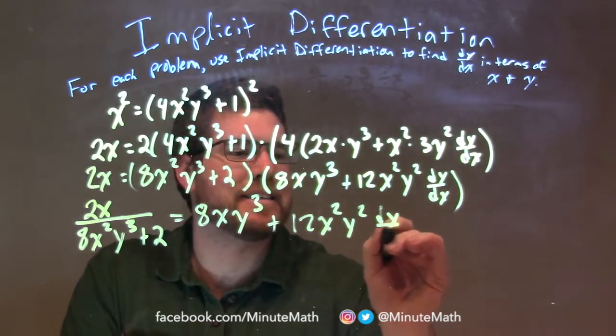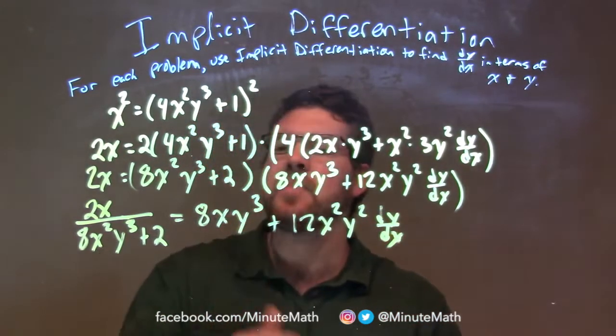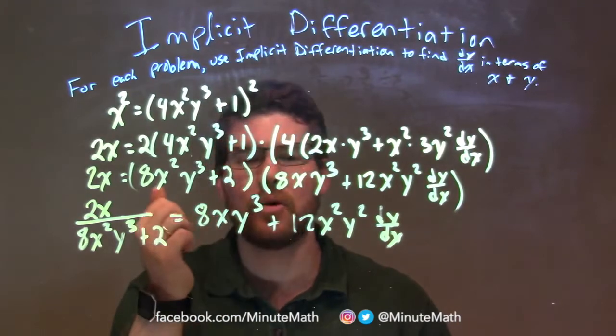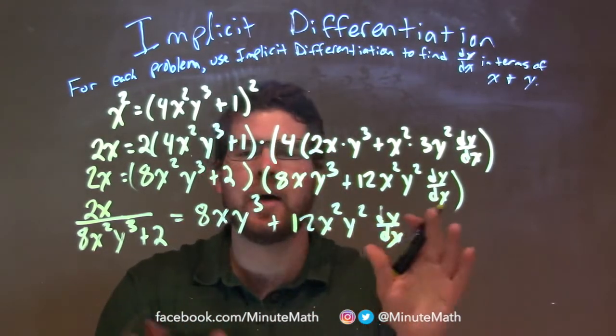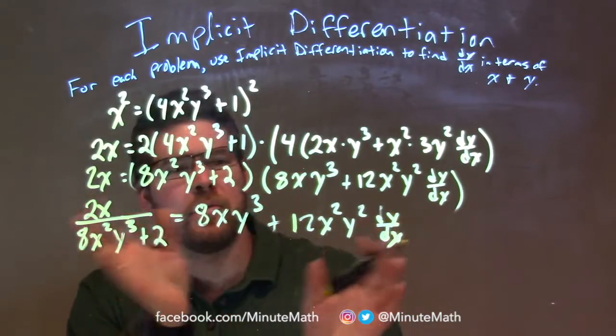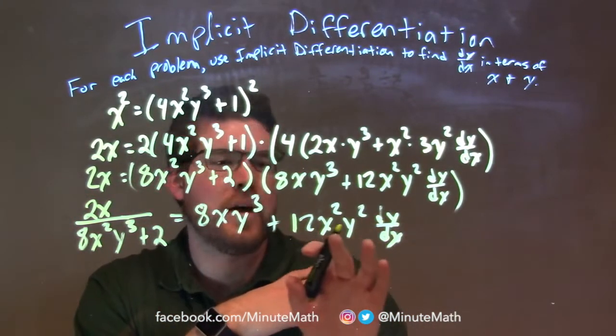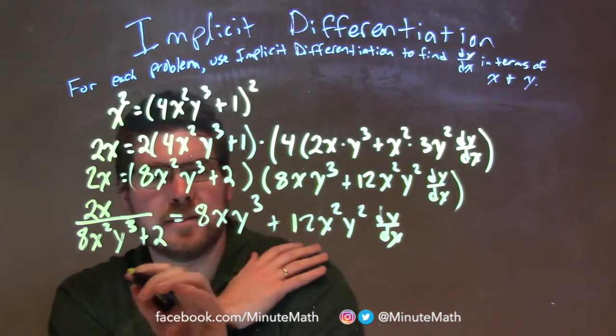Okay, I now can subtract this 8x y to the third from both sides, giving me this here by itself. And when I do that subtraction, I'm going to rearrange it, and I'm going to put this 12x squared y squared dy dx by itself first out front.